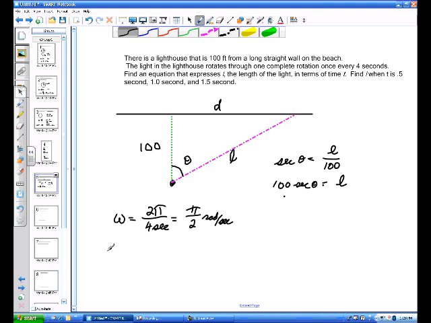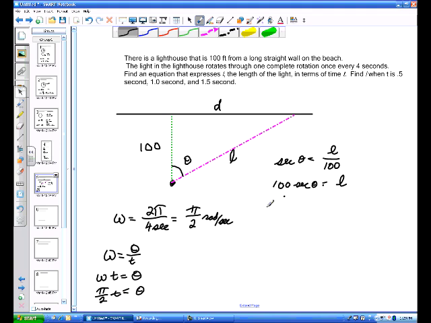So let's go back and think about our formula. Angular velocity is equal to our central angle divided by time. So if we take our angular velocity times time, that gives us our central angle. Our angular velocity is pi over 2 times time, which would be theta.